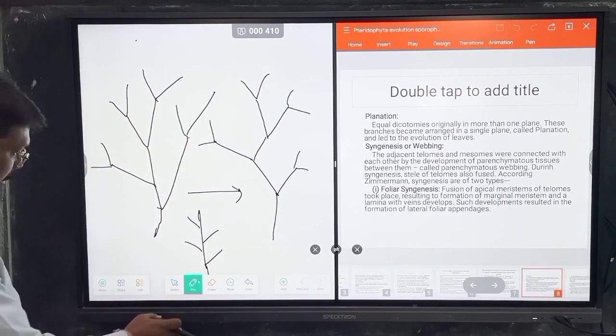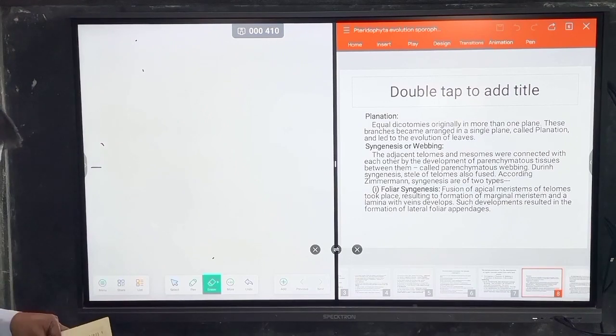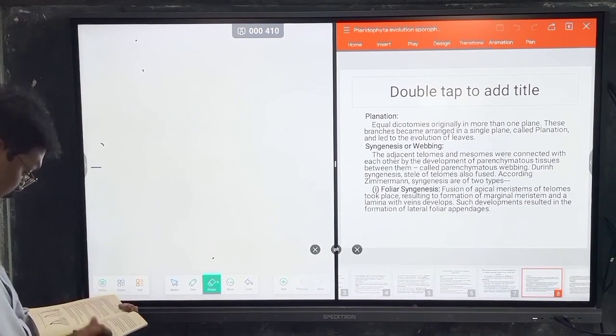Then the next elementary process is planation in a single plane.